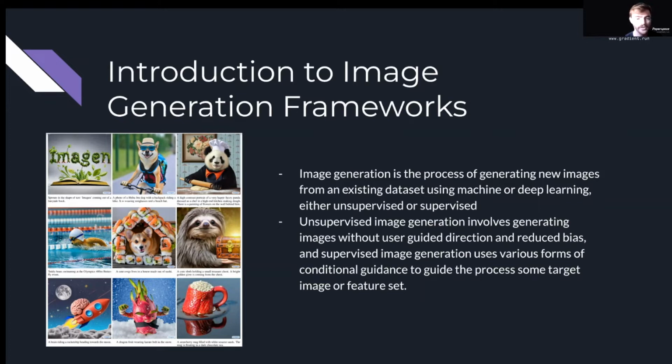Supervised image generation uses various forms of conditional guidance, like text prompts or classification, to guide the process to some target image or feature set. Over on the left, I have some examples produced from, I believe, Google's Imagen, judging by the picture in the top left corner, showing off some creative possible uses of a robust image generation framework. I particularly like the very cute panda rolling dough.